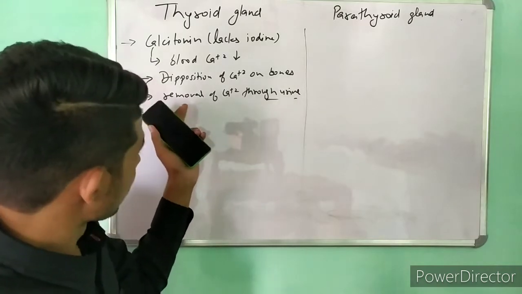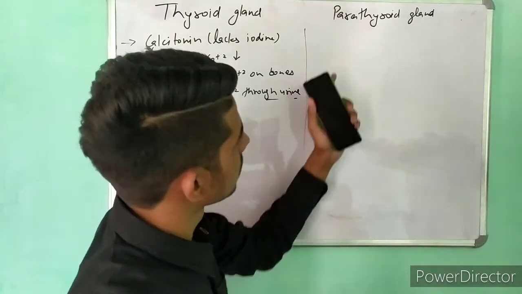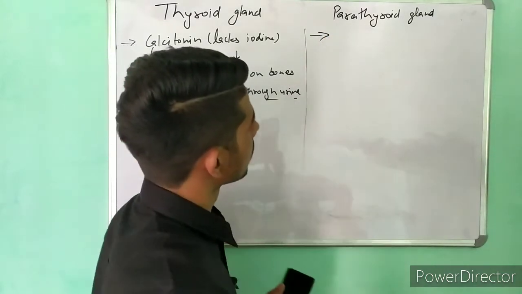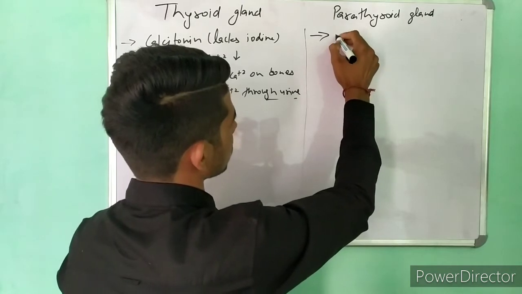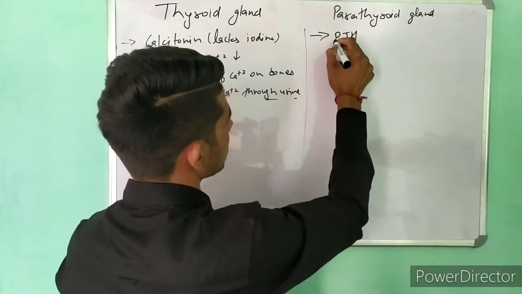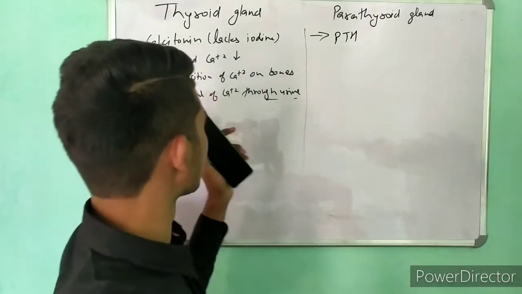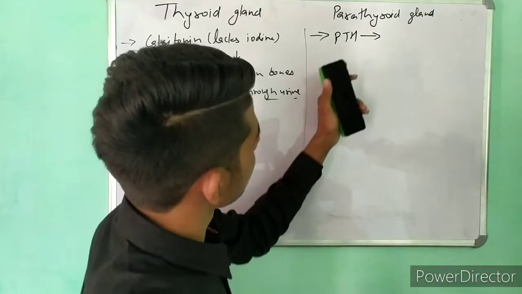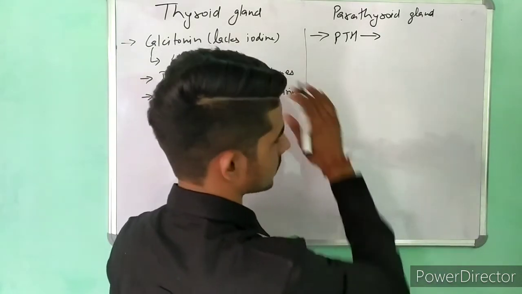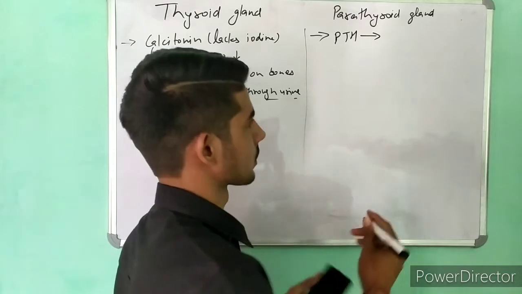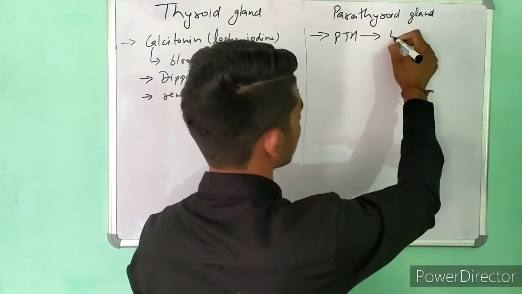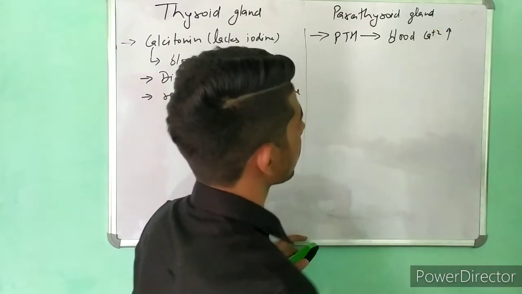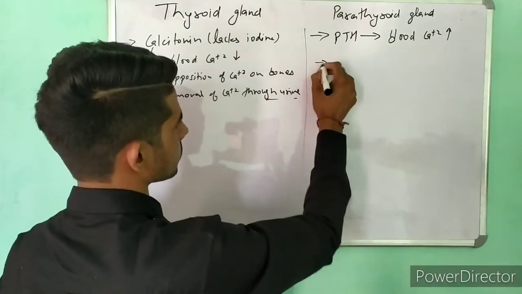Now the lowered blood calcium level stimulates the parathyroid gland to secrete parathyroid hormone, PTH. PTH hormone is secreted because the blood calcium level is lowered. This hormone makes the blood calcium level higher, so it increases the blood calcium level by three methods.